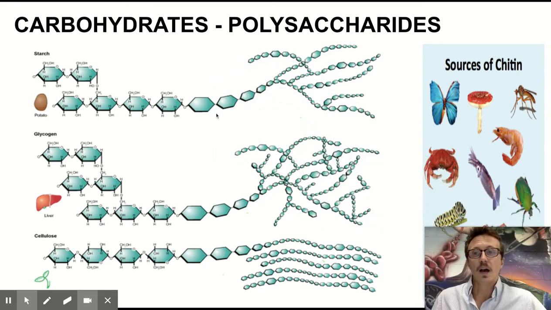polysaccharides, right? Now, starch is a highly branched polysaccharide containing thousands of monosaccharides, and it's how plants store carbohydrates or store short-term energy. We can find starch in tubers and in roots, right? So potato is a good example of a very starchy plant component that grows underground.